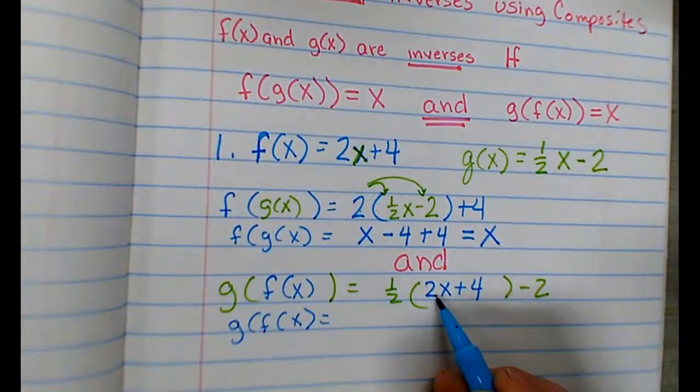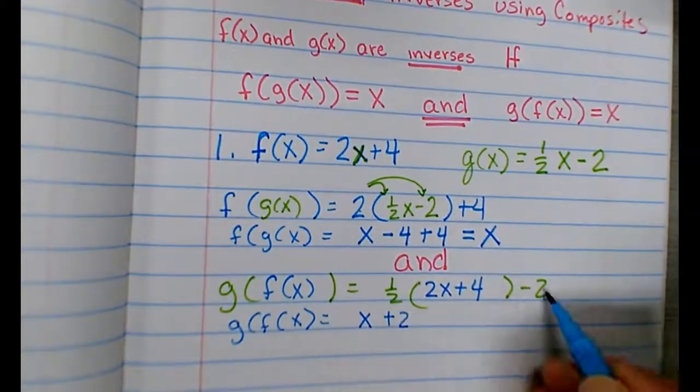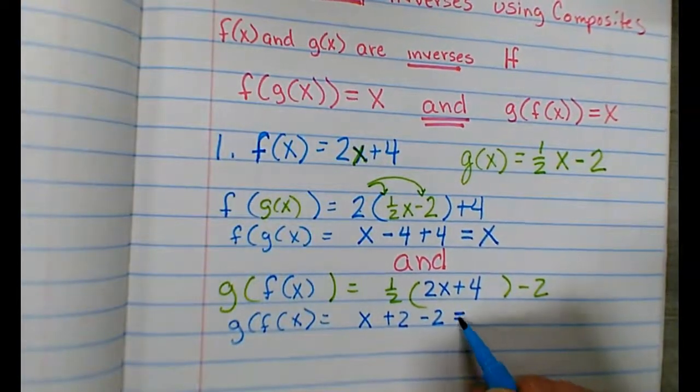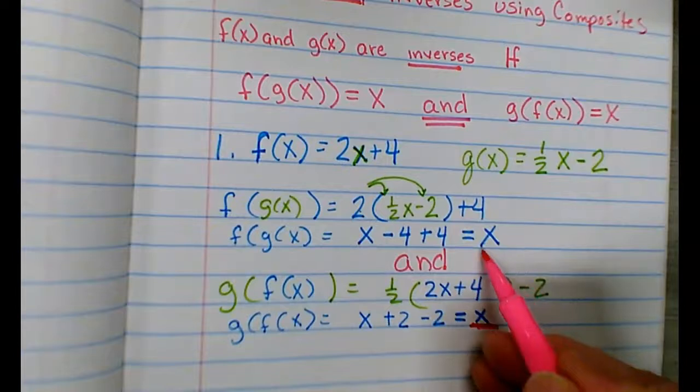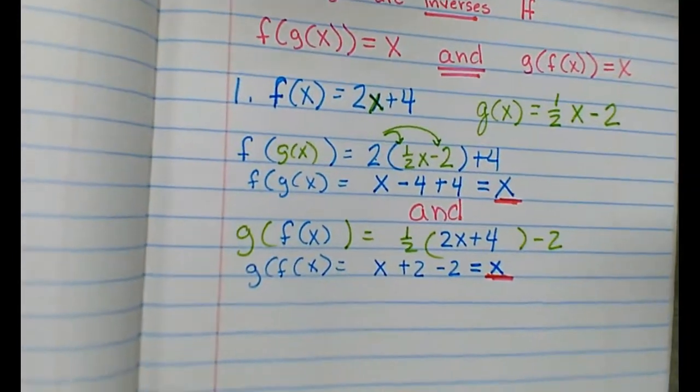Half of 2 would be just 1x. Half of 4 would be 2. And then that's minus 2. What's going to happen to my 2's? This one came out to be x. This composite came out to be x.